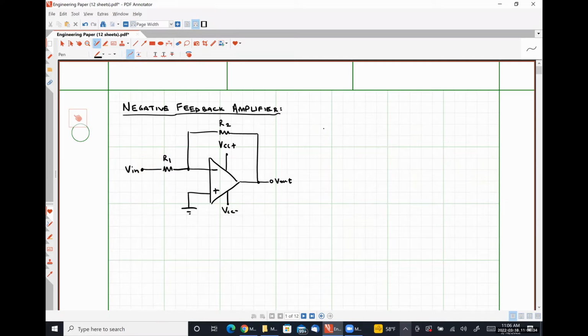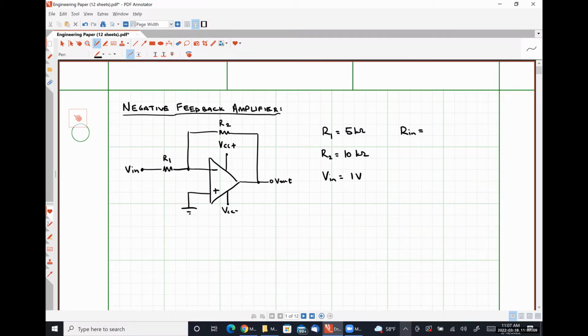So I'm going to give you the parameters of our network. I'm going to say that R1 is a resistor having a value of 5 kiloohms. R2 is a resistor having a value of 10 kiloohms. And our input voltage in this case will simply be 1 volt. Our op-amp has the following parameters.